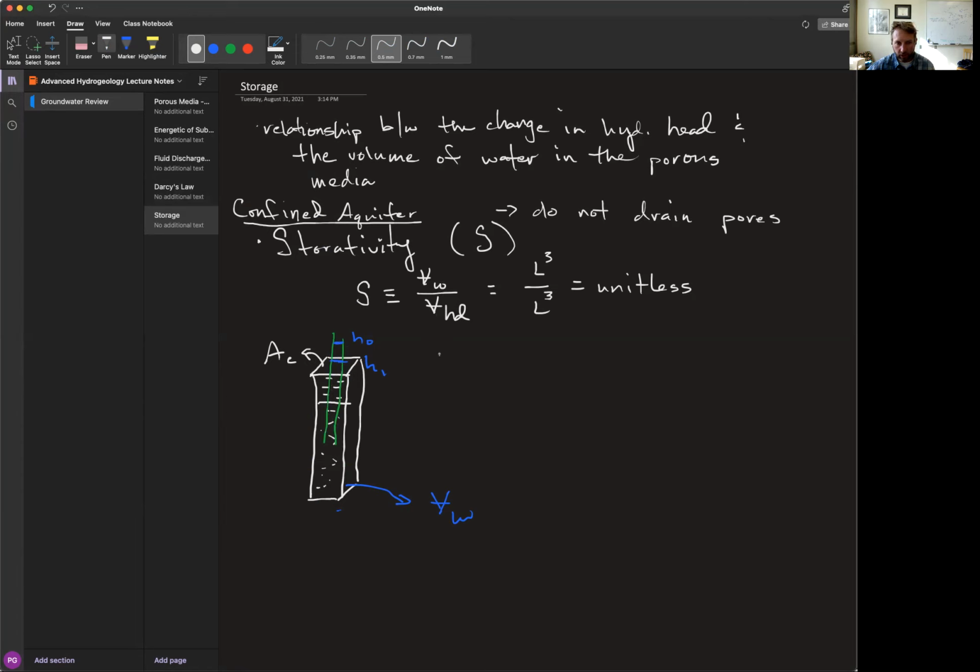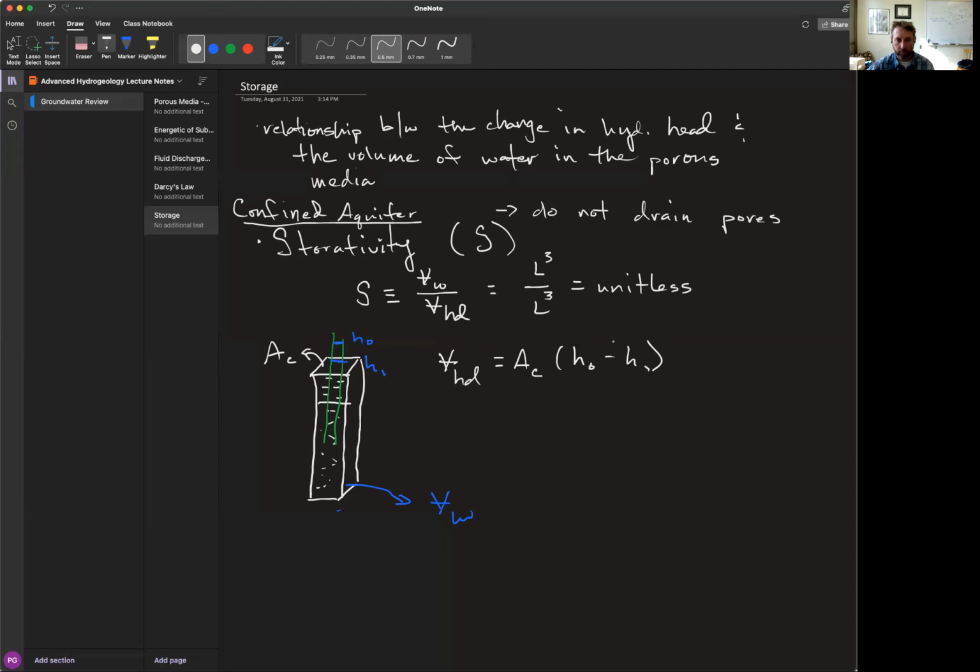So here, my volume of head drop is equal to A_C times H naught minus H1. So it's basically the area of the aquifer multiplied by the total drop in head.